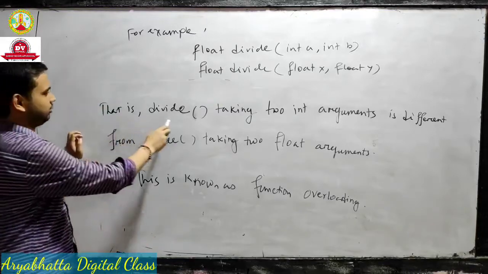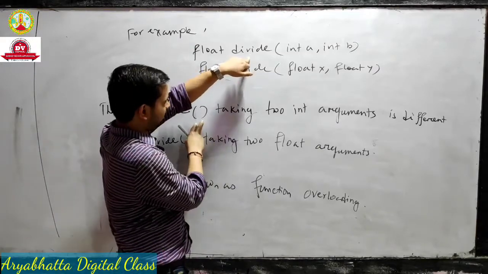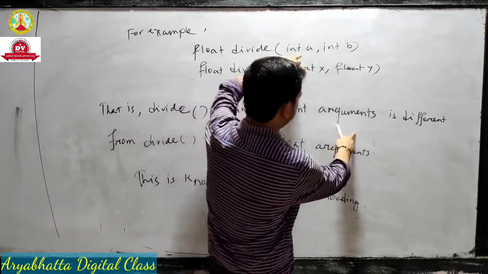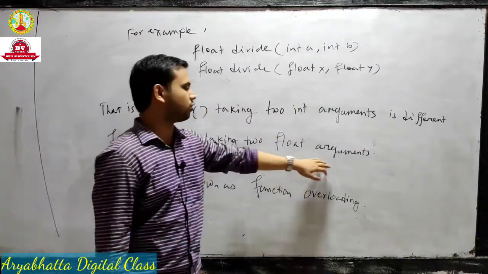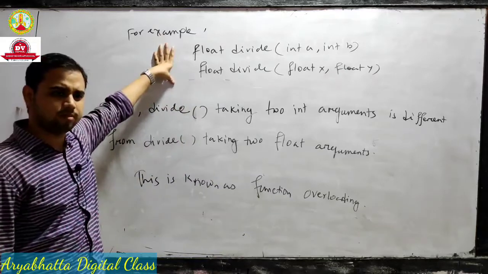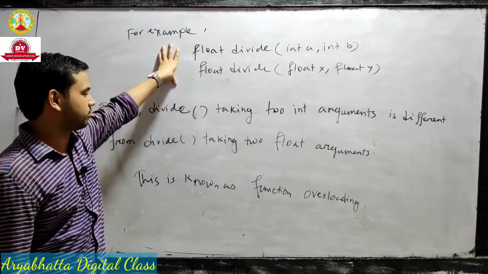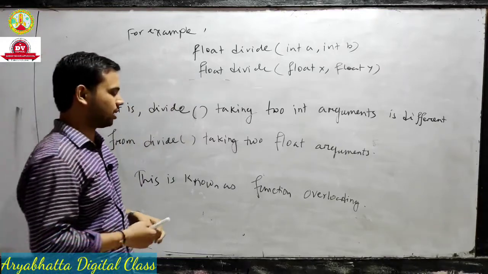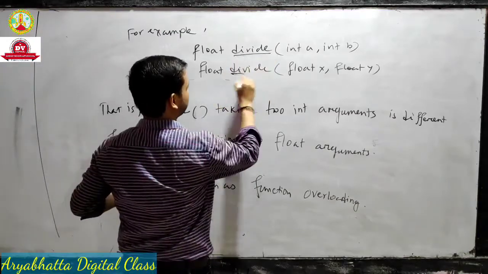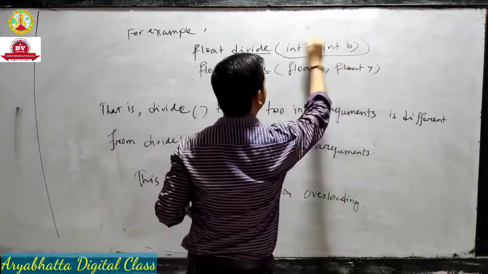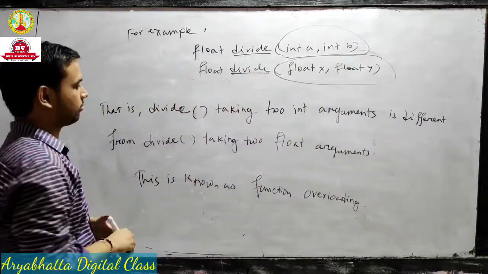The first function here is divide, taking two int arguments, which is different from divide taking two float arguments. Same name, but the two functions are different. This concept is called function overloading. This function is also named divide, but this argument is different, and this concept is called function overloading.